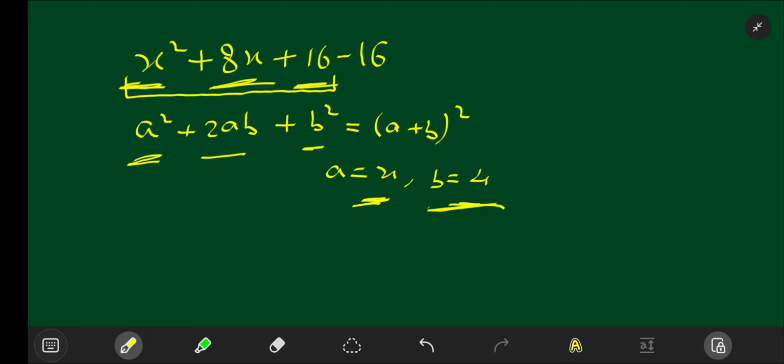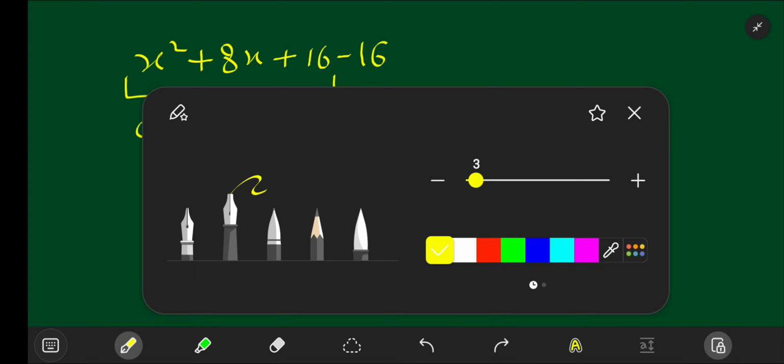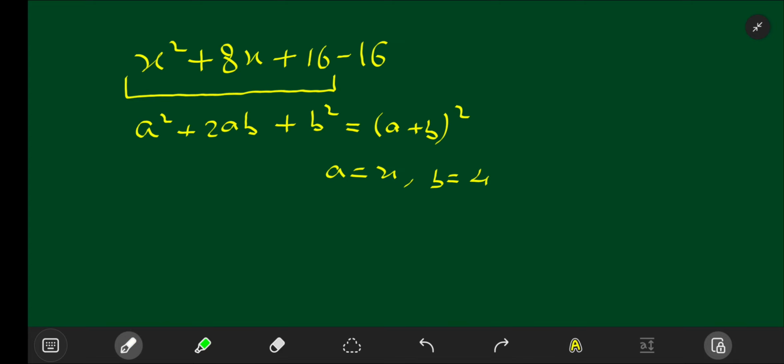So this portion is the complete expansion of the a plus b whole square form.